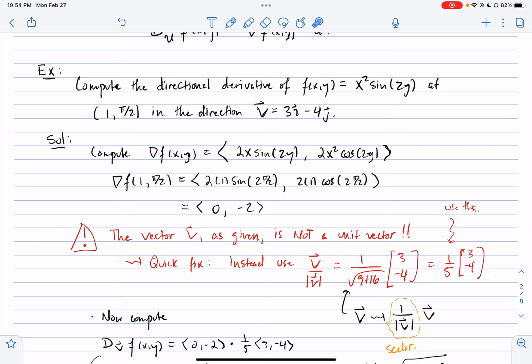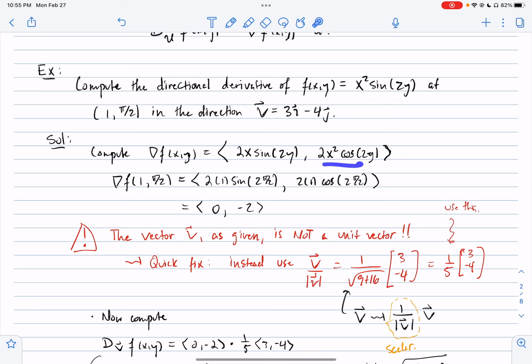So the gradient of f, which is this symbol here, remember, is itself a vector, and the two components of the vector are partial x in the first component and partial y in the second component. So if I take the derivative of x squared sine 2y with respect to x, I get 2x sine 2y.